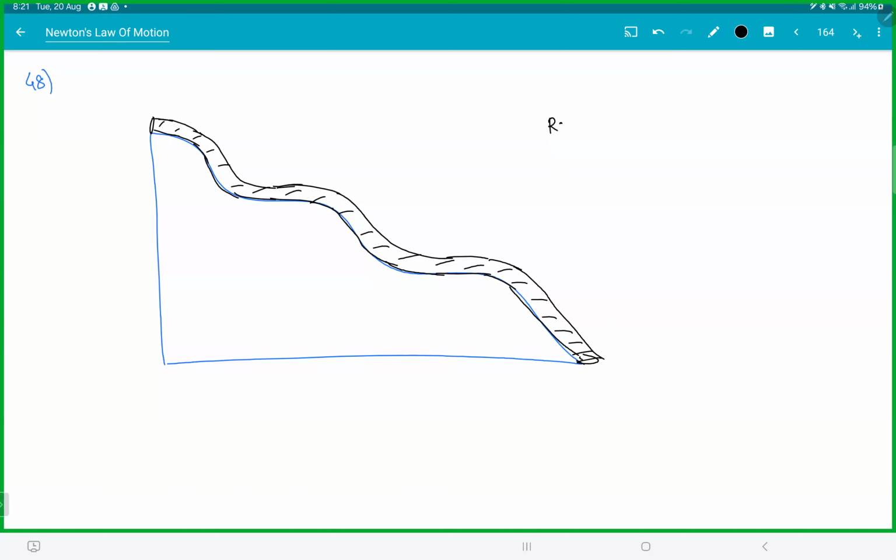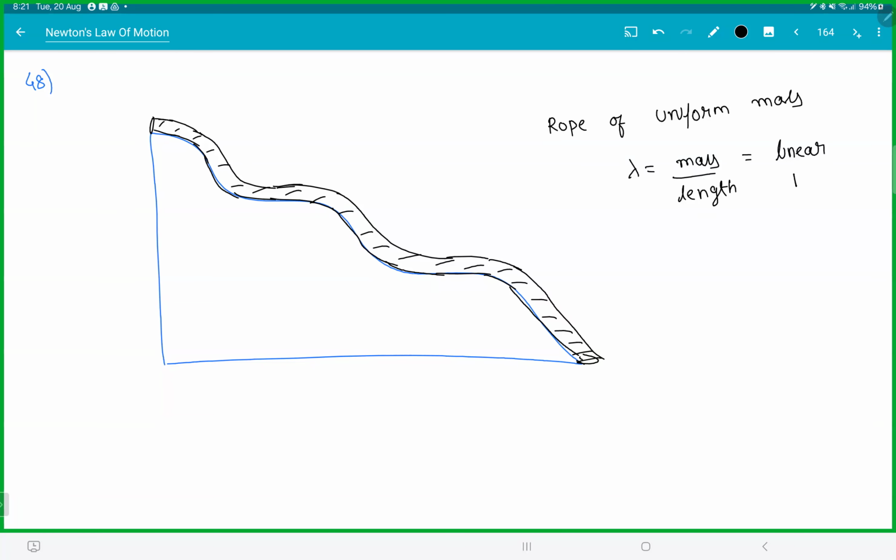So this is a rope of uniform mass, which is given by lambda, which is mass per unit length. This is called linear density.